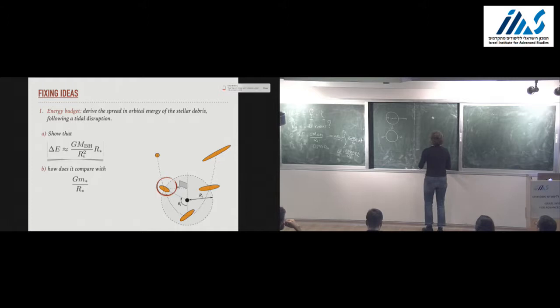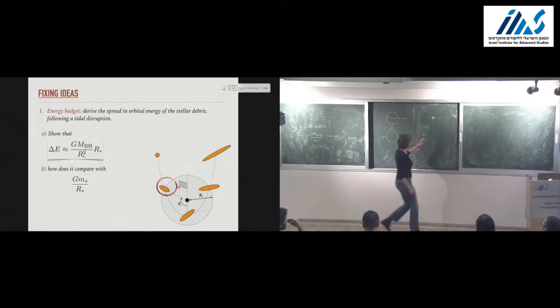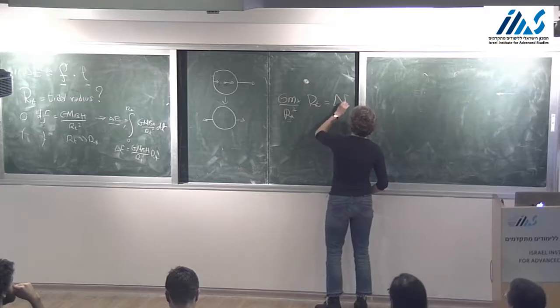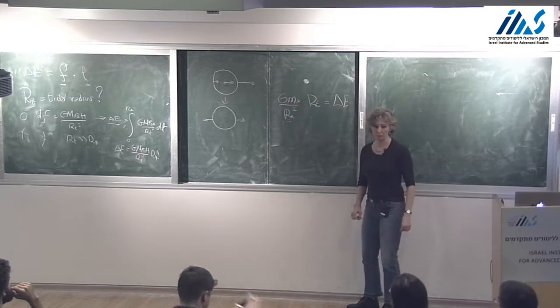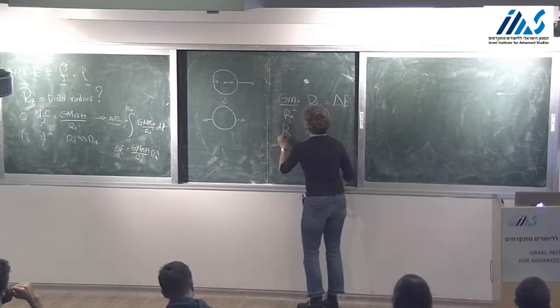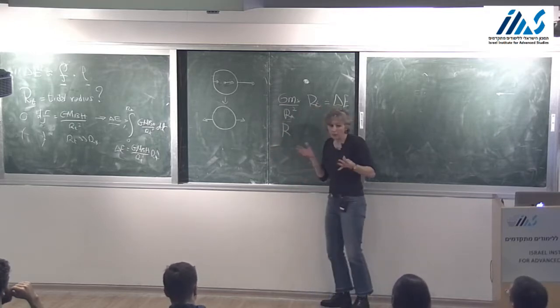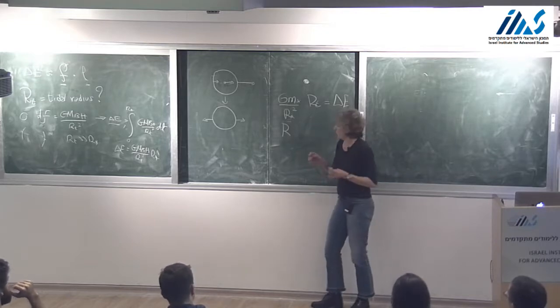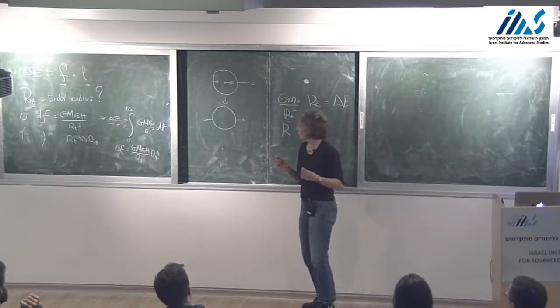The way I think is that the self-gravity of the star is working hard over a length equal to the tidal radius, and this creates work, delta E. Then yesterday we derived the tidal radius. Remember how?